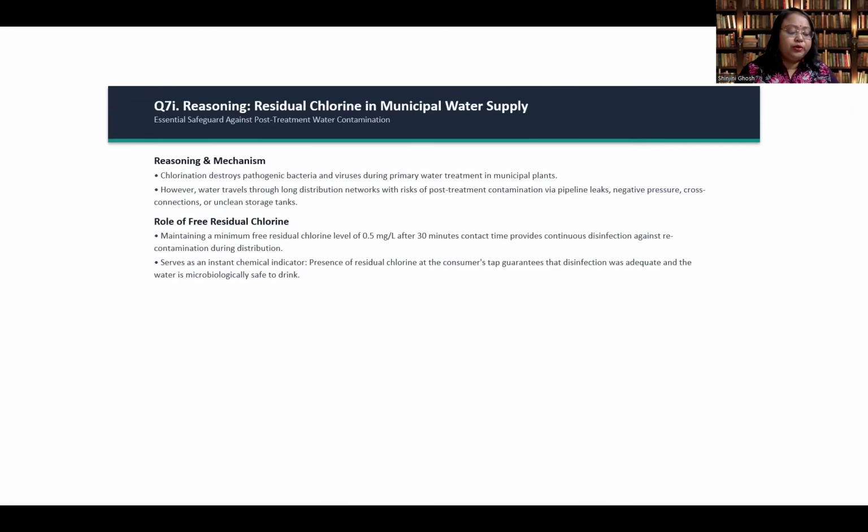First was: residual chlorine in drinking water is essential in municipal water supply. So here what you have to say: reasoning and mechanism, that is, chlorination does what?